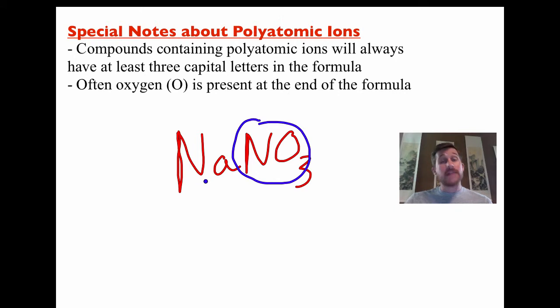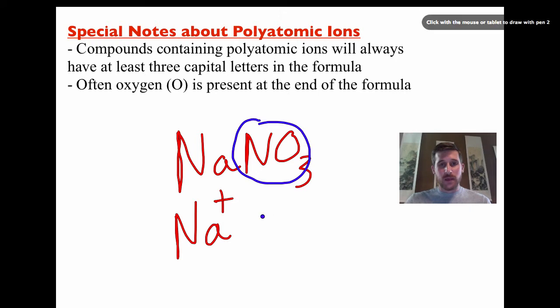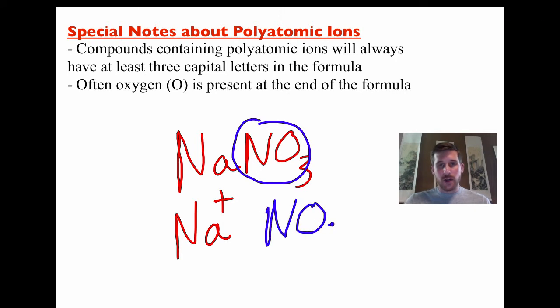And then our Na is our metal, sodium, right? So you can say, all right, I know something about Na. It's in group 1A. It's an alkali metal. It's going to be a +1 charge. I only have one of those guys with this whole thing, one of those NO3 things. So that can tell me some information, right? If I only need one NO3 to cancel out the charge with the positive one from Na, that must mean this is -1, right? So I said at the beginning that most polyatomic ions are anions. Here's an example of one, okay?